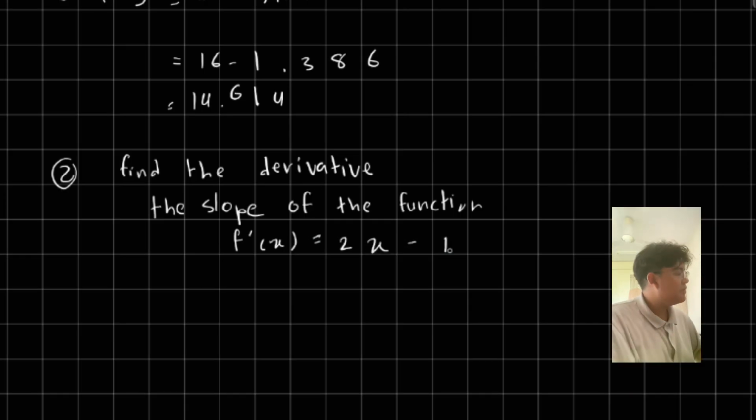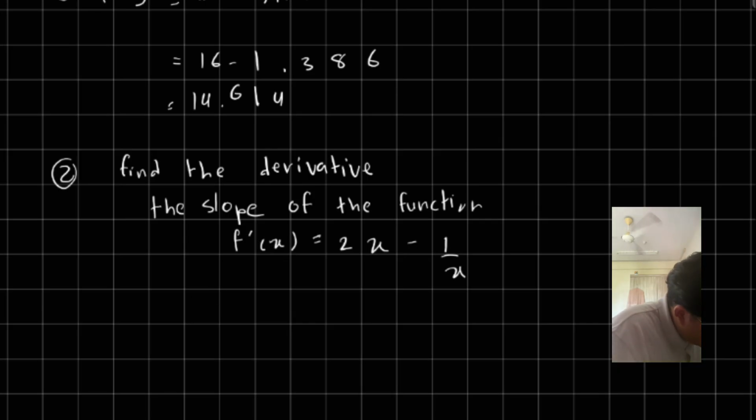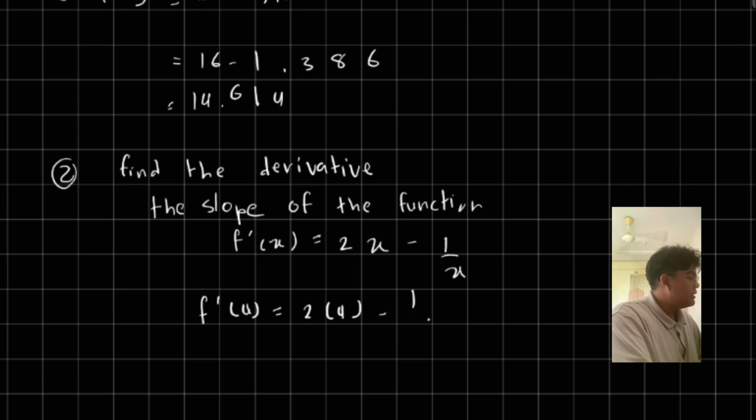So substitute 4 into the function and we will get f prime 4 equals 2 times 4 minus 1 over 4. And the answer we will get is 7.75.